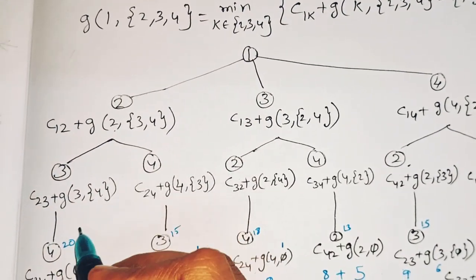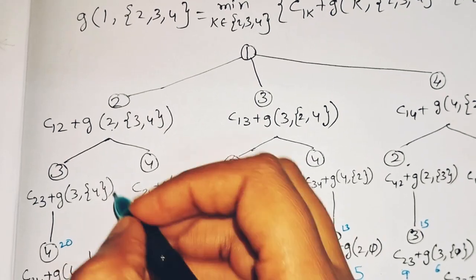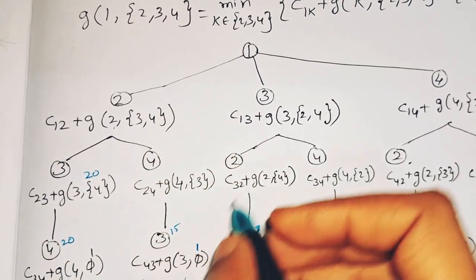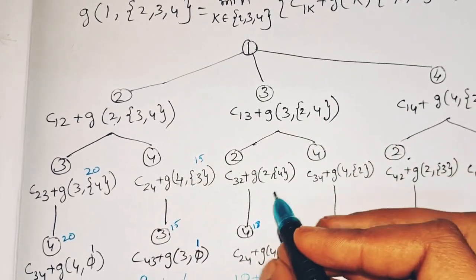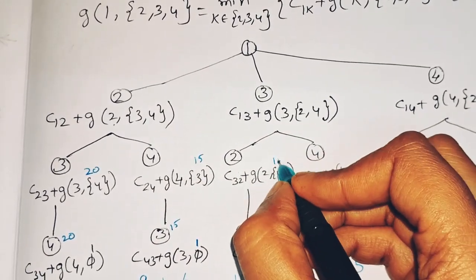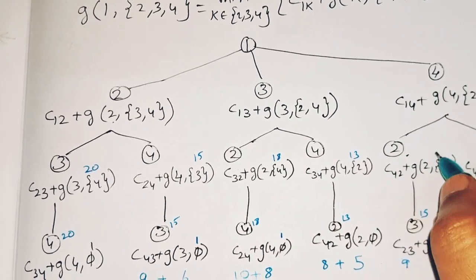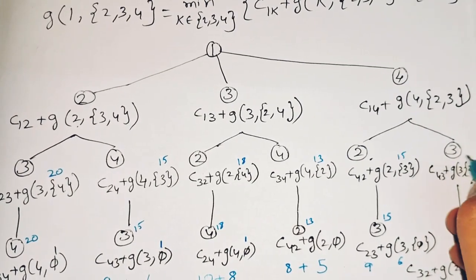So this is a recursive approach, right? This value is for the G. So 3 to 4 is 20, 4 to 3 is 15, 2 to 4 is 18, 4 to 2 is 13, 2 to 3 is 15, and 3 to 2 is 18.